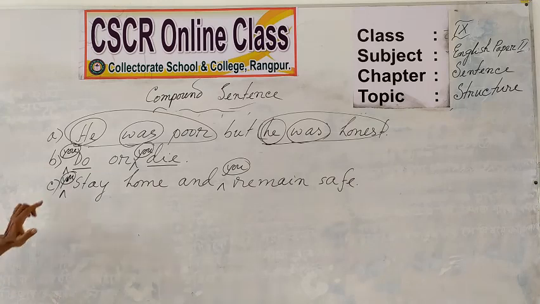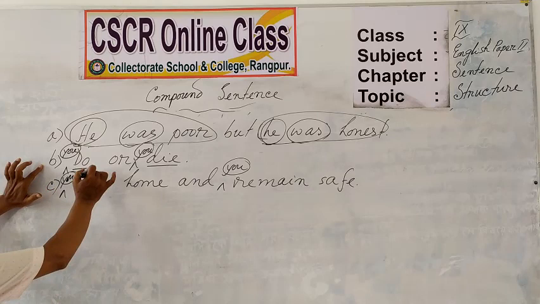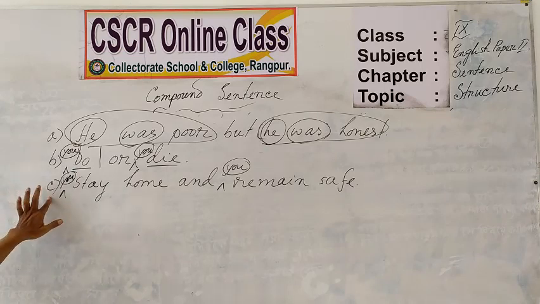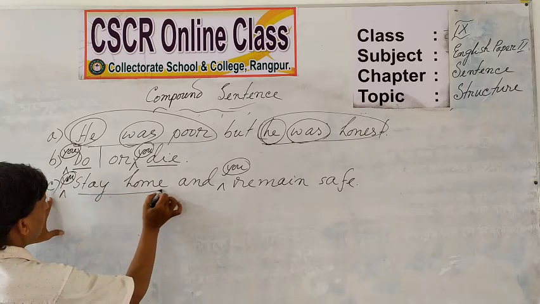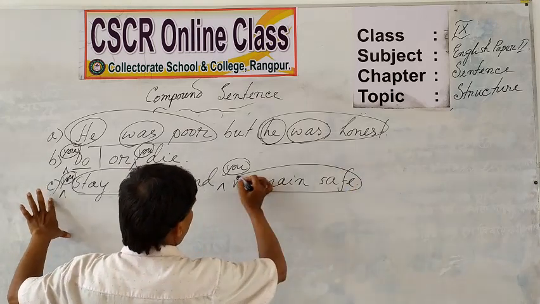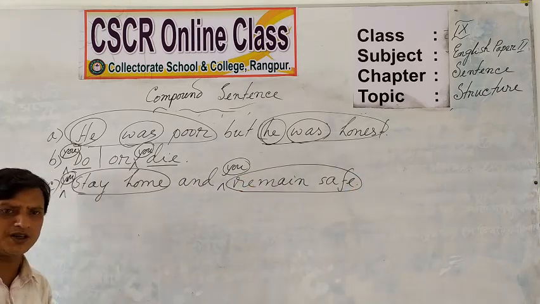Again in sentence B, do or die, do is also a complete sentence. Again die is also a complete sentence. Stay home has a complete meaning. Again remain safe has also a complete meaning.